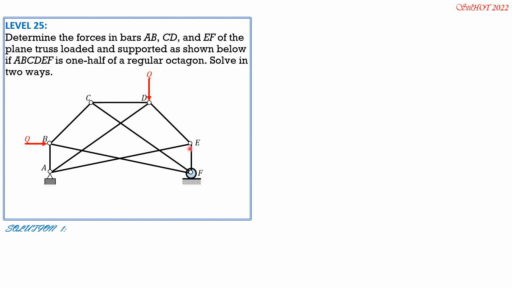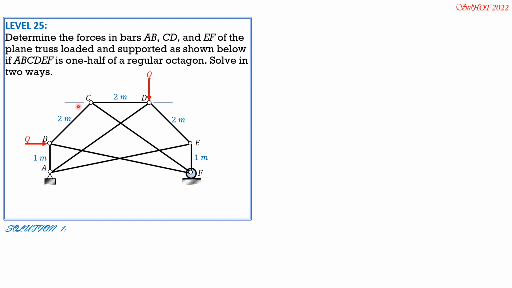But x can be cancelled, so just make this 1, and 2 meters the other sides. Then this is 1 meter, so that we can easily compute for the angles. We can still solve for the angles because x can be cancelled.